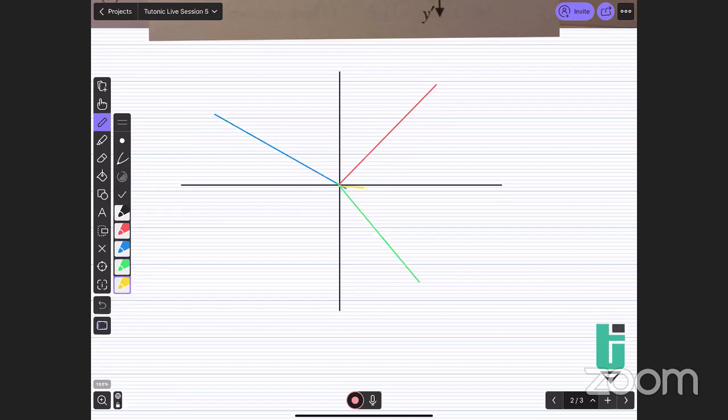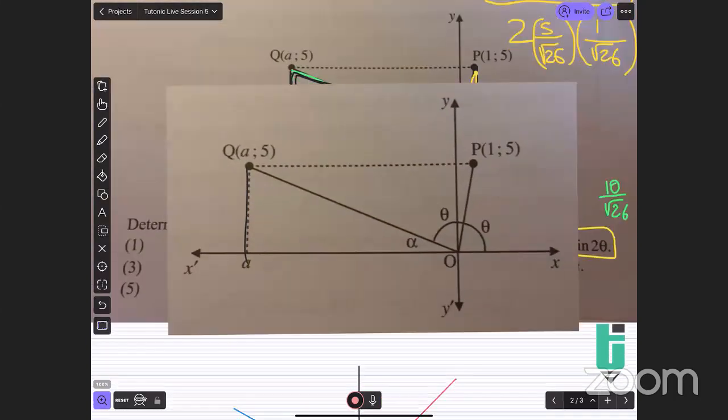If you look at the blue line, am I correct in saying the angle there is 180 minus 2 theta? Okay, can you go back to the diagram? Yeah, so 180 minus 2 theta, and it's in the second quadrant.